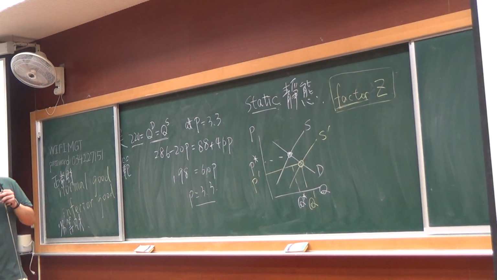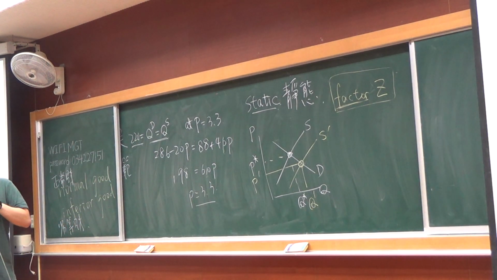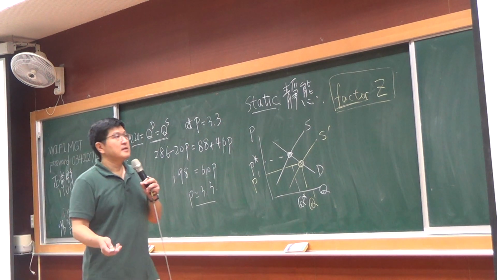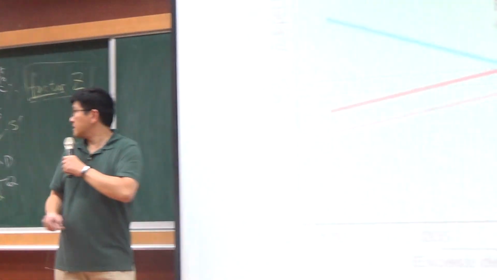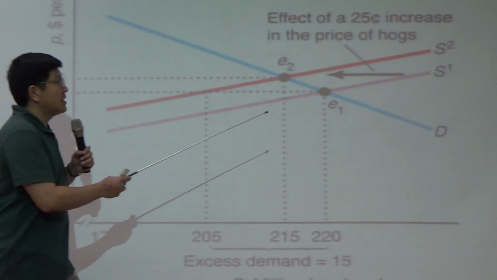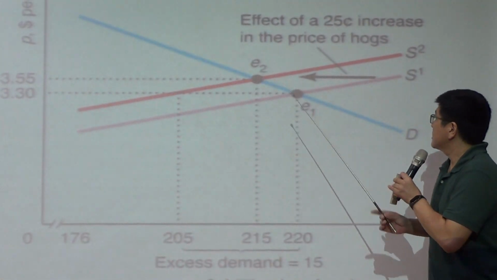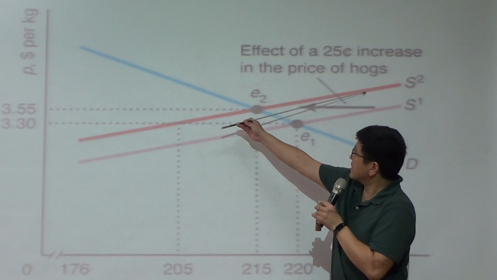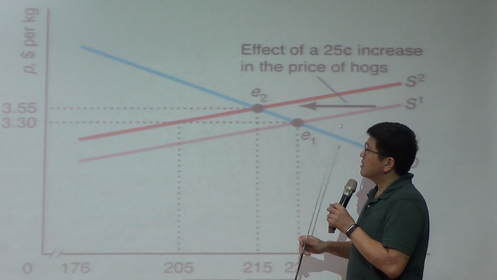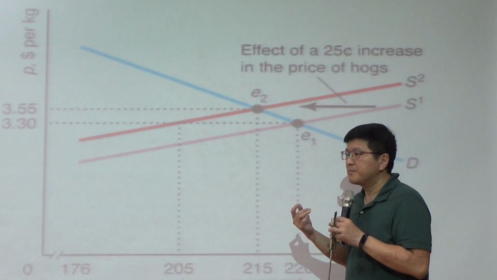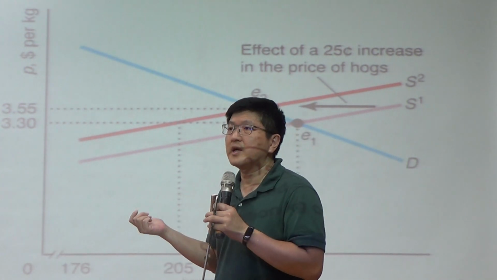Let's see first the discrete or relatively large change. Okay, this is the opposite case from this one. So supply curve number 1, supply curve number 2, and this can happen when the price of complements goes up, right?